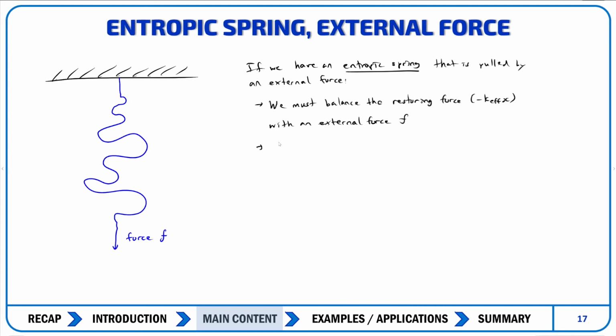So we end up with F being equal to k_eff x. And we're just taking the magnitude here. So we have x being equal to F over k_eff. And we can also conclude that x is proportional. So the amount of stretching is proportional to the amount of force being applied. So this helps us to relate the displacement with the applied force. I'm just going to highlight this over here.